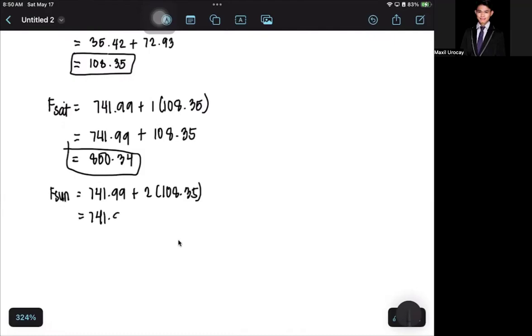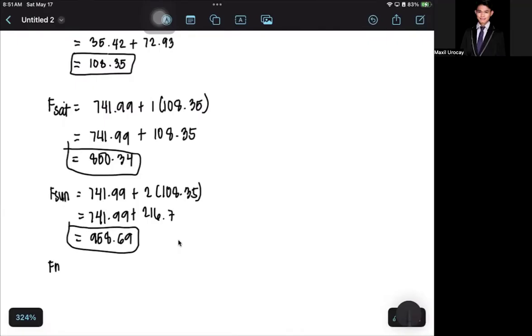Copy as is, and calculating 2 times 108.35 will equate to 216.7. So adding them to 741.99 will equate to 958.69. So this is the data for Sunday.